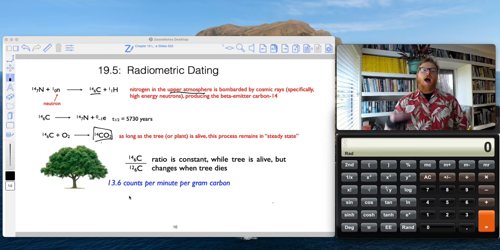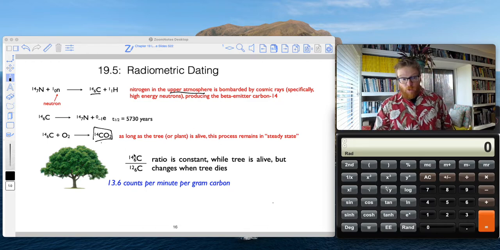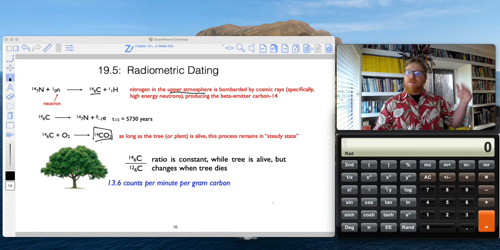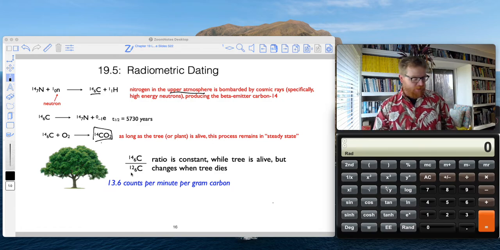However, as soon as the tree dies, it stops taking up carbon dioxide, right? And now this carbon-14 ratio will change. Whatever carbon-14 is remaining in the tree will decay. So this ratio of carbon-14 to carbon-12 can tell us how old it is.